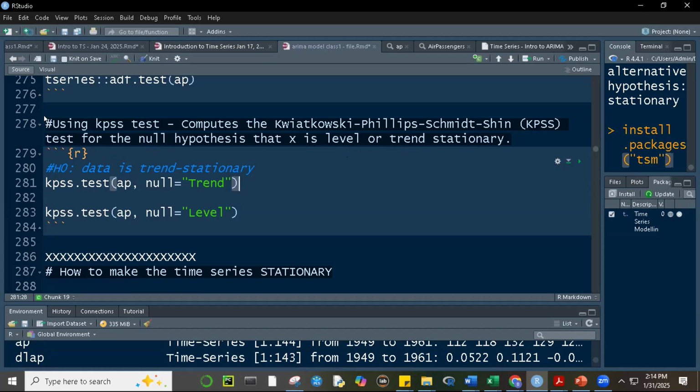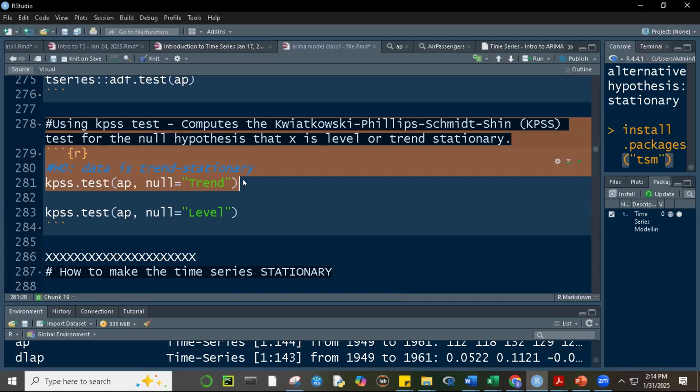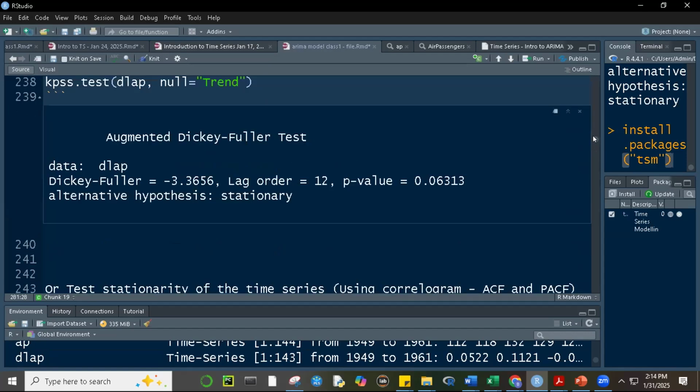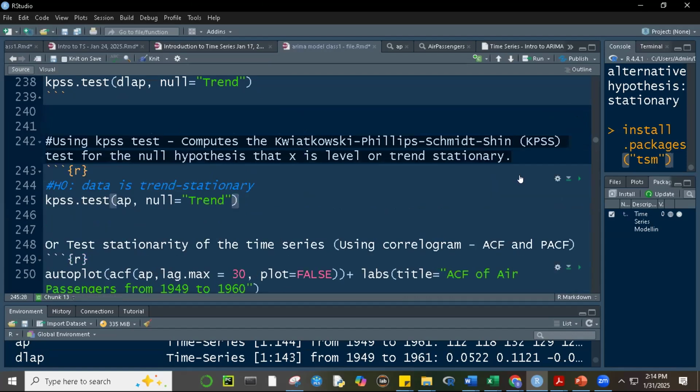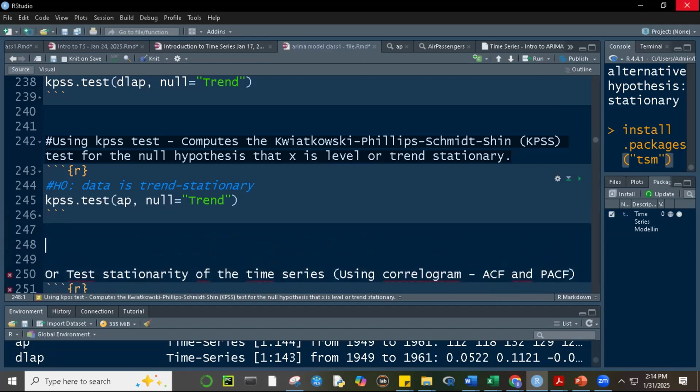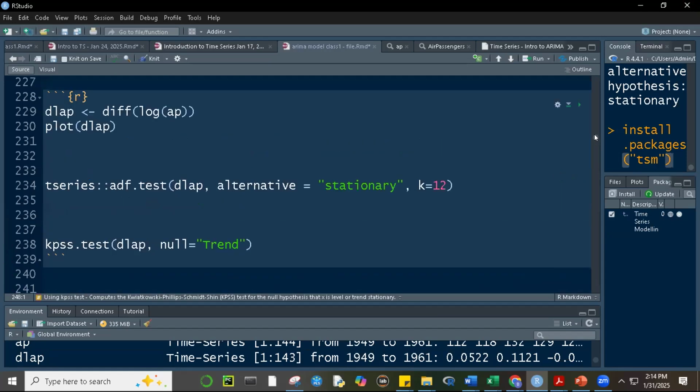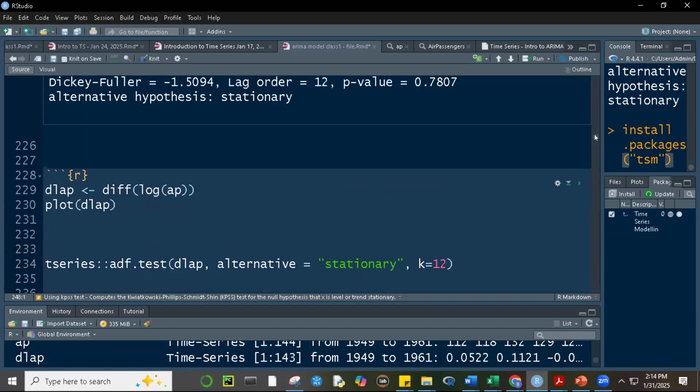Maybe let's copy this here, Control C, and put it above here. Anyway, we're going to discuss that next meeting. I'll close this and remove this.